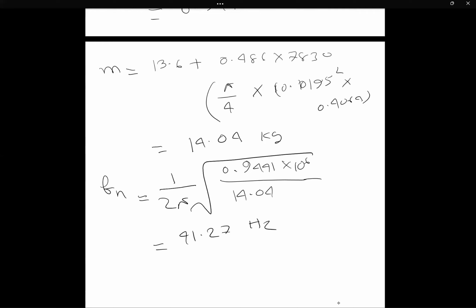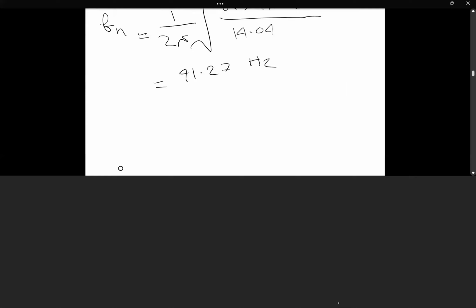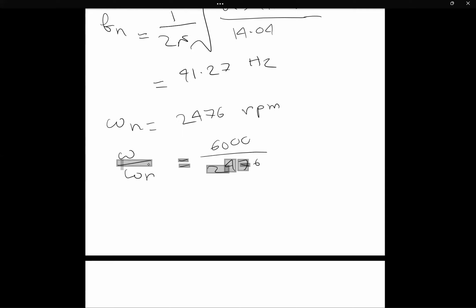So now if I express it into RPM, or omega n, I'll get 2476 RPM. So our omega by omega n is 602476 equals to 2.432.